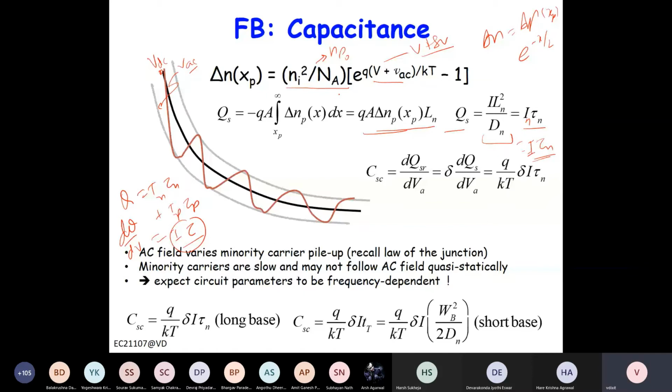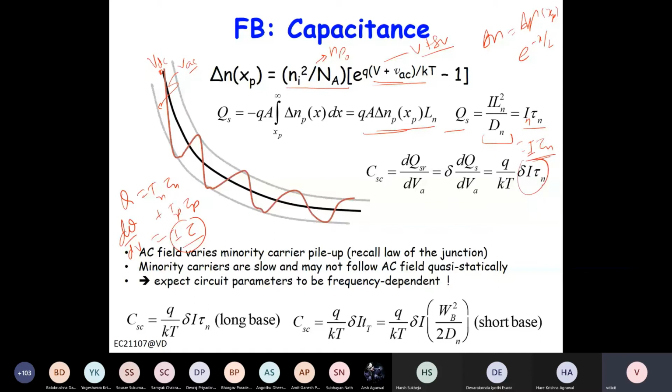So the q by kT will come out, and you can ignore the one here clearly in forward bias region. So this will be multiplied by q by kT, so it will be q by kT times the capital Q. Now we are not changing the voltage from plus V to minus V. We are only changing it by a small amount. So instead of writing total Q, we can write the Q for this region.